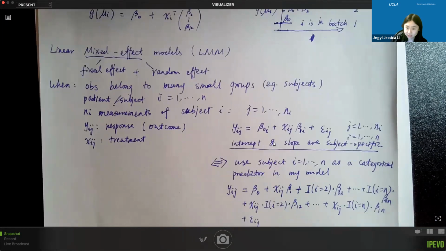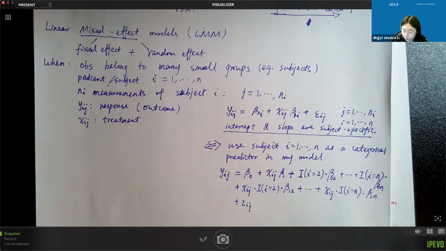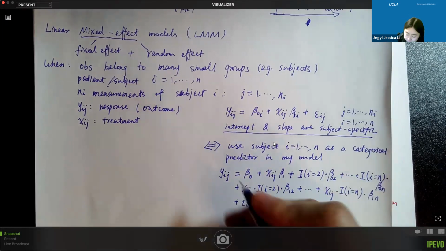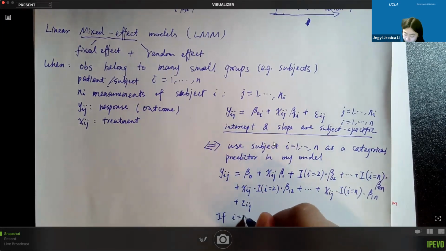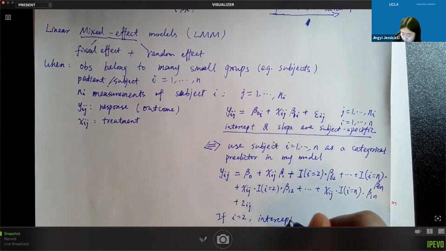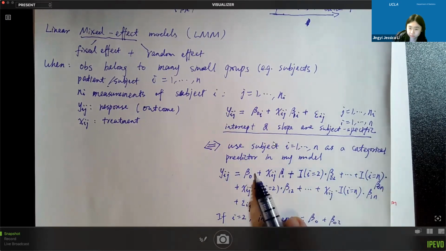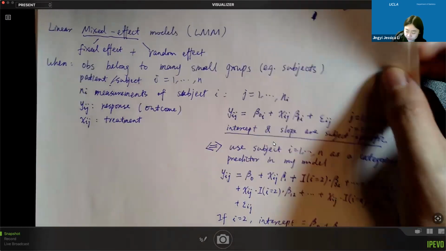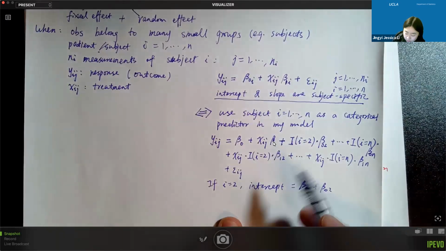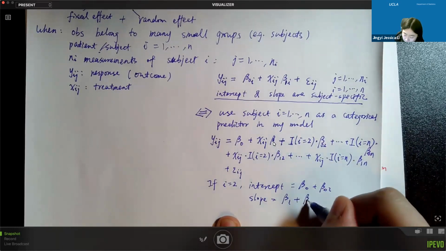So you see, what I mean is that this model and this model, they're the same, because each subject is going to have its own intercept. If i is equal to 2, then the intercept is essentially beta 0 plus beta 02. And the slope is essentially beta 1 plus beta 12.